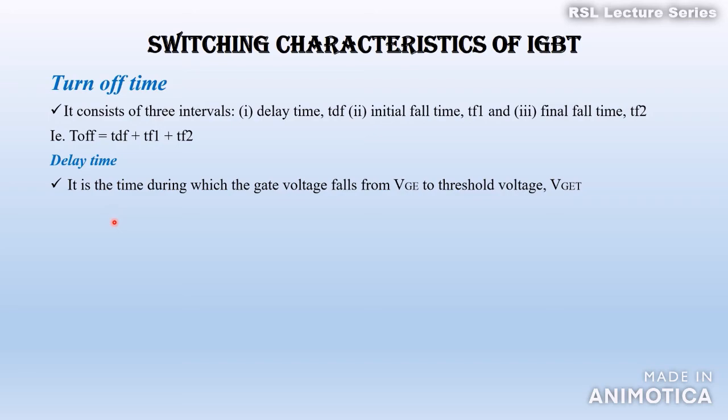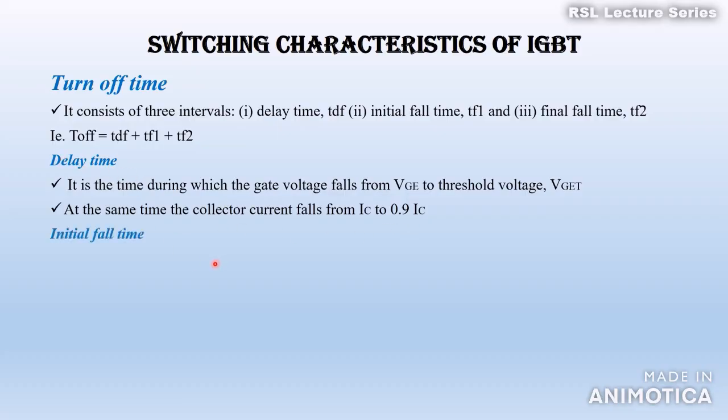So initially it will fall from VGE to its threshold value, VGET. At the same time, the collector current also falls. Whenever the gate voltage is reduced, the collector current also reduces. So this collector current will fall from IC to 90% of IC. So this is defined as the delay time.